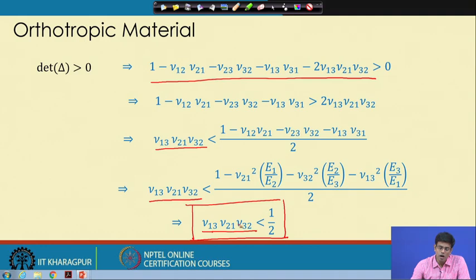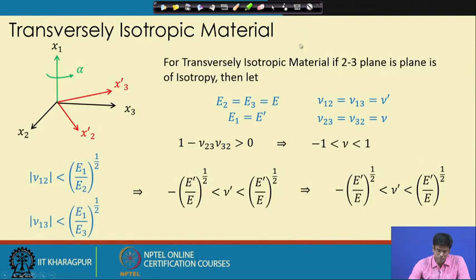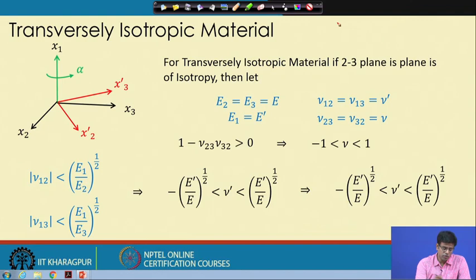Now, again, what does this mean for the transverse isotropic material? For instance, for the transverse isotropic material, if we assume the 2-3 plane is the symmetry plane, this is the plane of isotropy, the 2-3 plane.